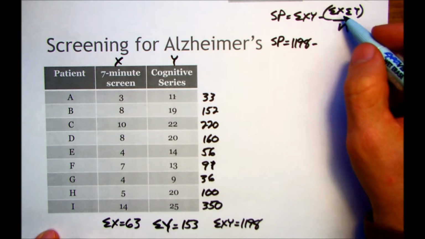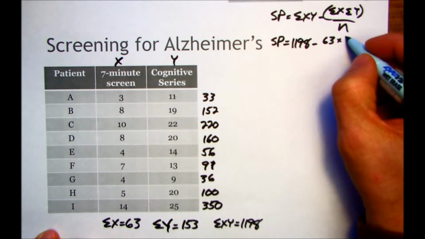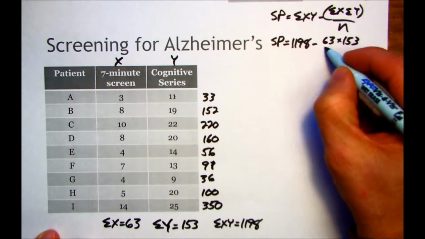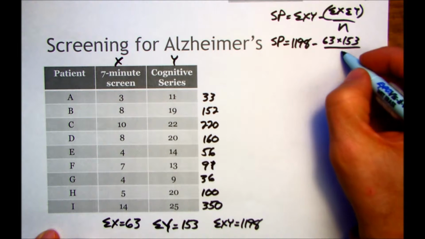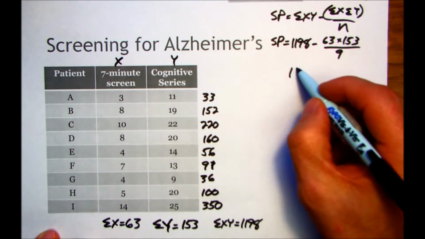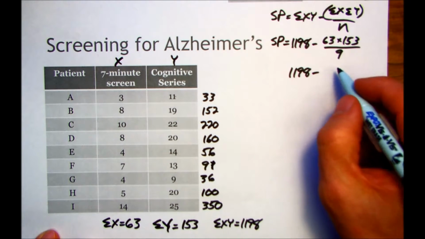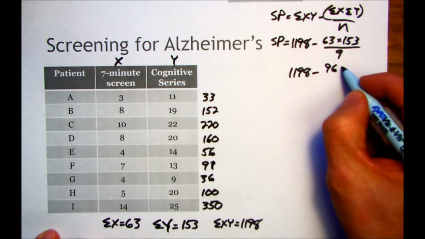1198, and then 63 times 153, and we'll divide that by our sample size, which is 9. So if we take 63 times 153, we'll get 9639.